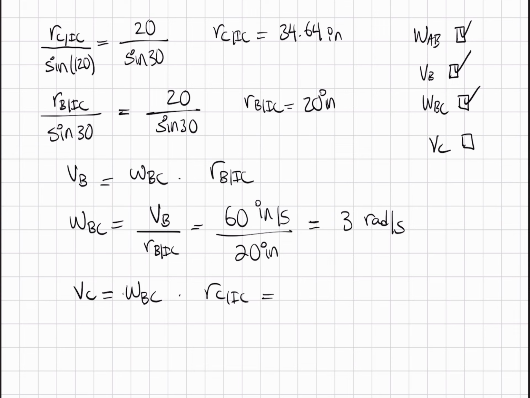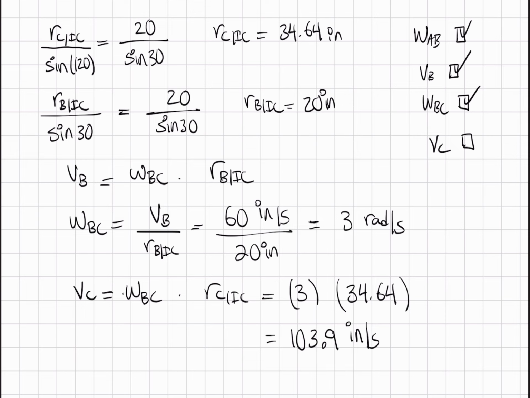We have 34.64, that's my position vector, and basically what I'm doing is multiplying that by 3 radians per second. And my velocity at C is equal to 103.9 inches per second.